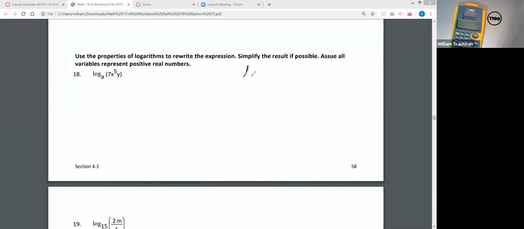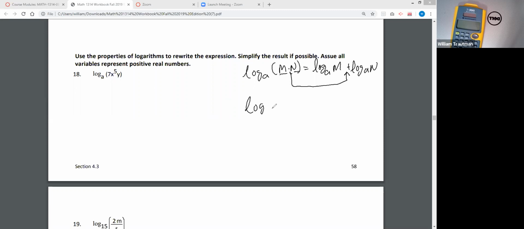It says if you have a log in any base of M times N, if you have two things multiplied, 2 things, 3 things, 4 things, you can separate this by having log A M and then log A N. See, when you have multiplication, you change it to two separate logs that are adding. That's one of the rules. Then you have this next rule.